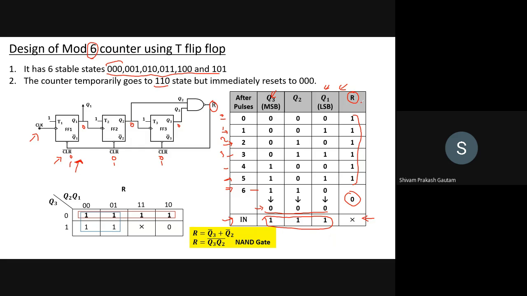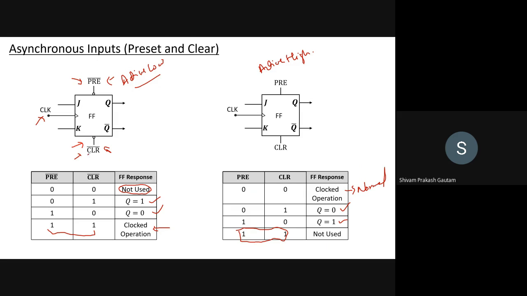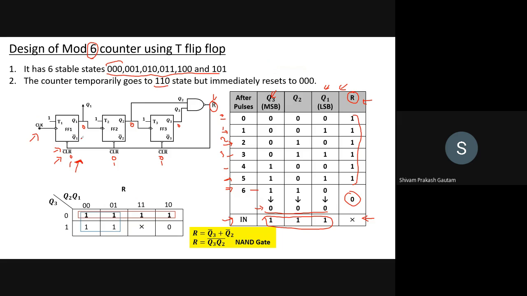So you can see the last column represents the reset, and we know about the clear. Whenever we provide 0 to the clear, since this is active low, the output of the flip-flop is 0, irrespective of the input, irrespective of the clock pulse, irrespective of everything else. So at this state, we want Q1, Q2, Q3 to become 0, and therefore R is becoming 0.